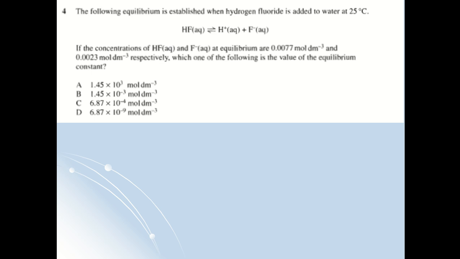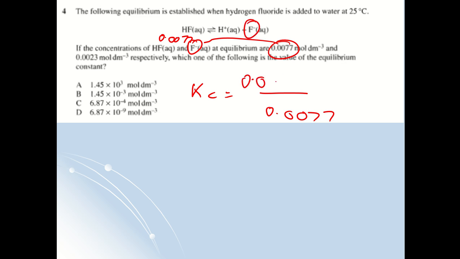Right, so the concentrations of HF and F minus are respectively, okay, so HF is 0.0077. What they'll help you do here is you look at that, and then you get these mixed up, okay, so just be very methodical about how you go about it. So our Kc is equal to, we have HF of course on the bottom, so that's 0.0077, and our top line for our fluoride ions here is 0.0023, but remember fluoride and hydrogen are in a 1-to-1 ratio, so they will be the same.